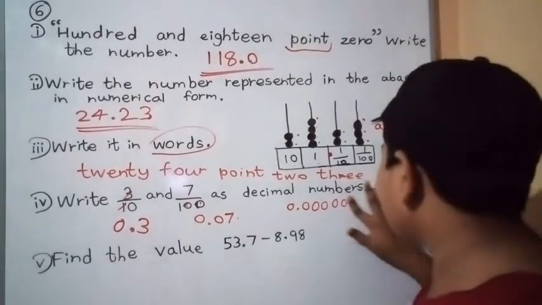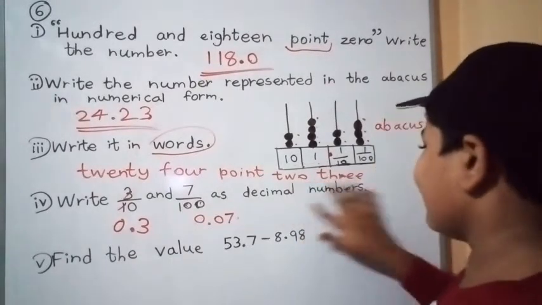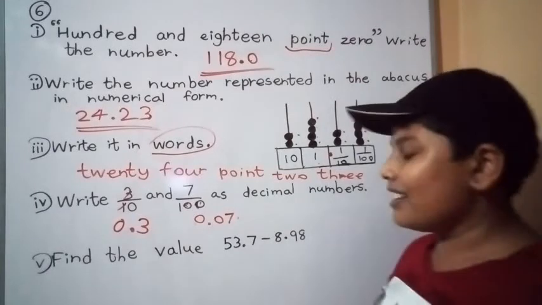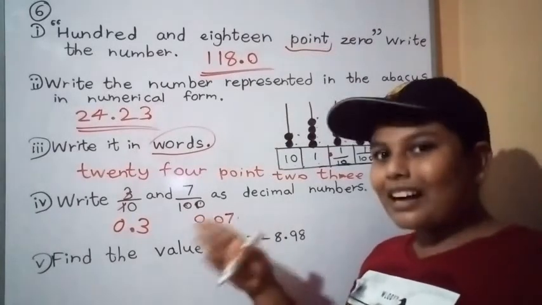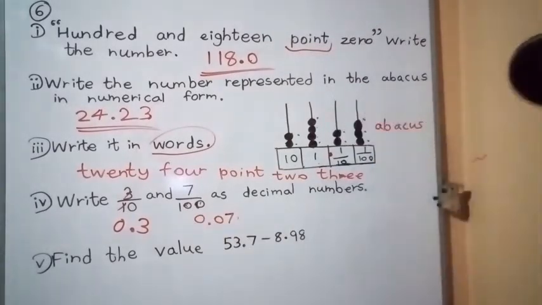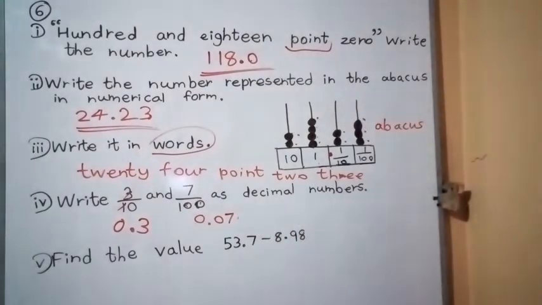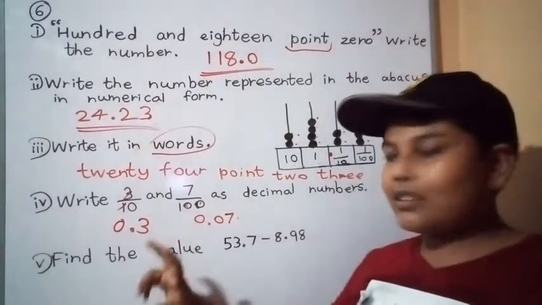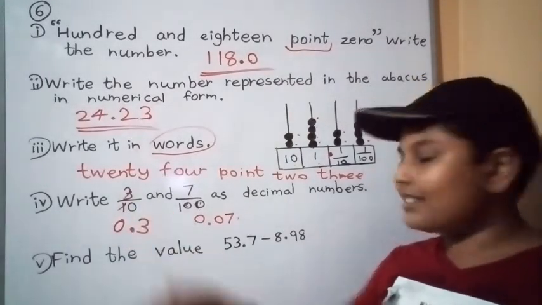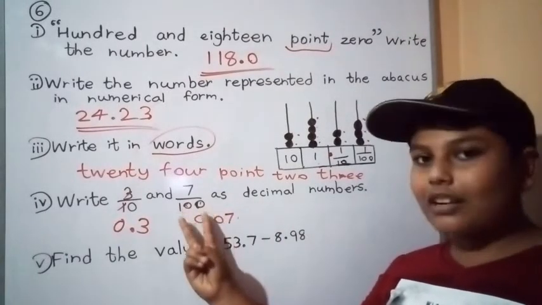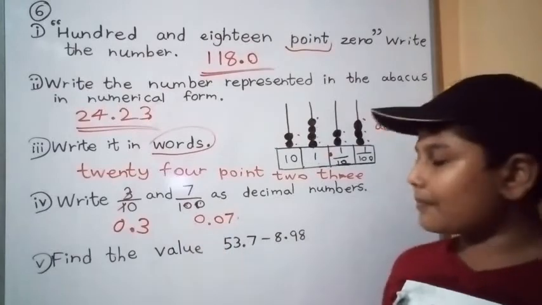We don't know about that, we don't study that. You want to first pass this decimal numbers method, first pass grade 6. Okay, now decimal numbers 0.3 like this, 0.07, there are 2 zeros, like this.